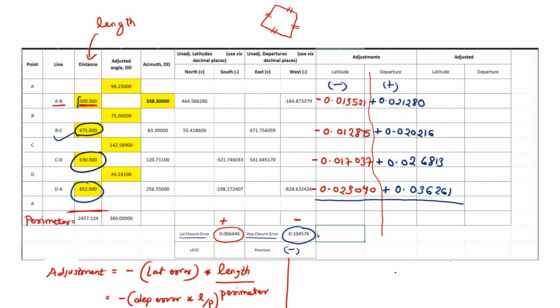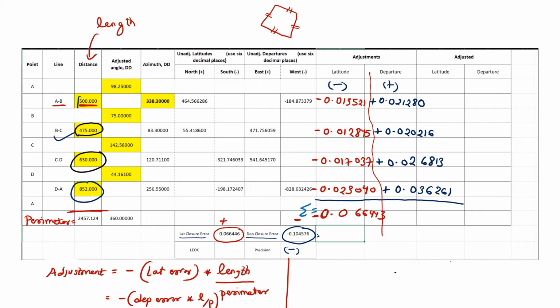0.013521 plus 0.012845 and 0.017037 plus 0.023040. So guys, when I add all this latitude, I get this sum as negative 0.066443.